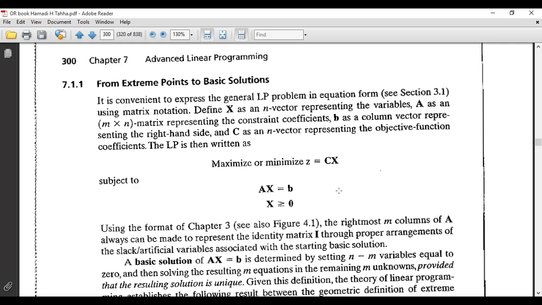Subject to Ax equal to b, where A is the m by n matrix representing the constraint coefficients, and b is the column vector representing the right hand side, or sometimes the basic variables we call them, and the x variable, or x n vector, must be greater than or equal to 0. This is the matrix form of our linear programming problem.